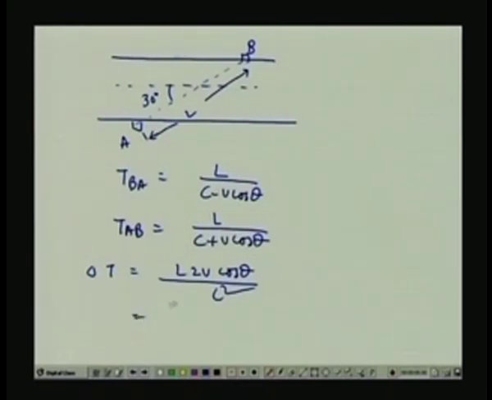So, this we can write 2V cos theta by C into L by C. So, L by C is the zero flow transit time, that means when there is no flow, transit time is equal to T naught.